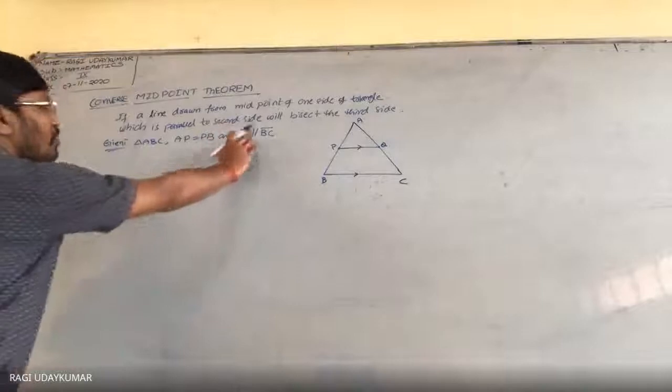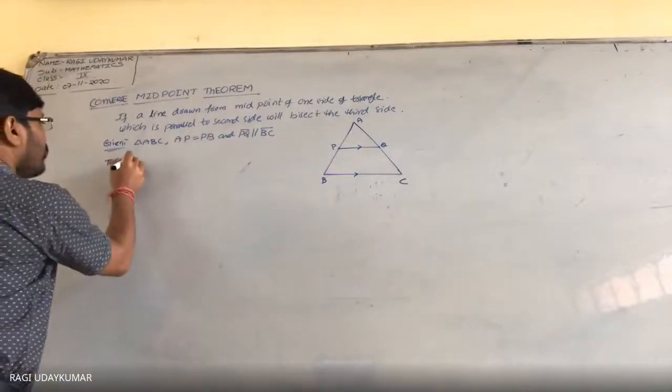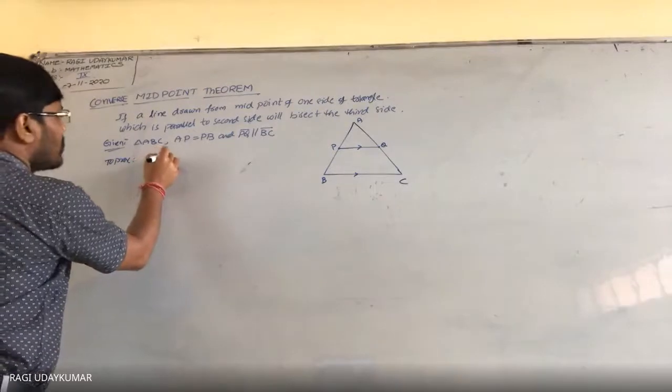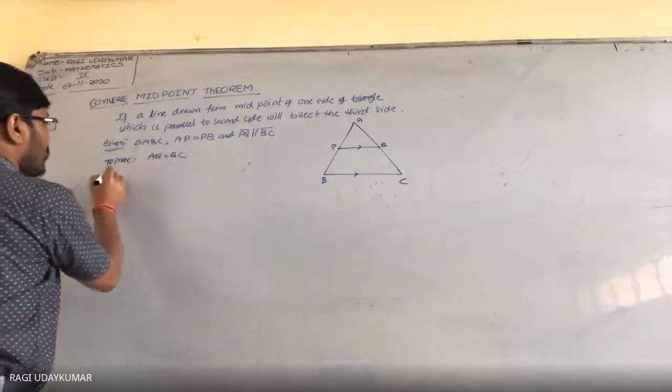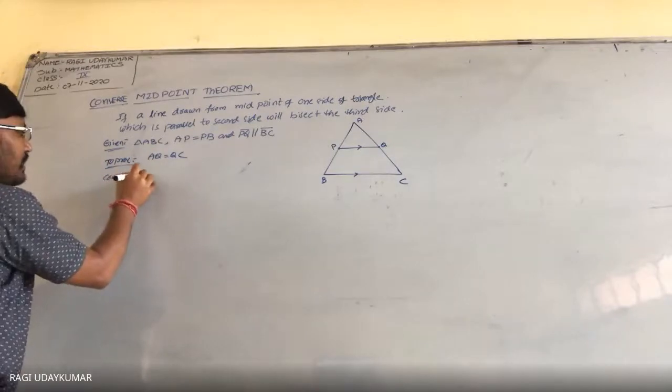Okay. So PQ parallel to BC. So to prove AQ is equals to QC. This is to prove. So construction क्या है? We are constructing.